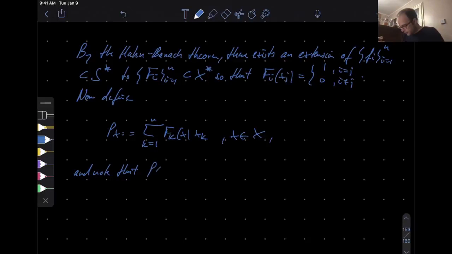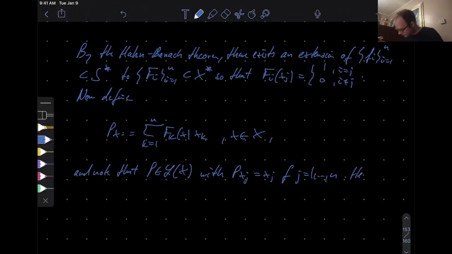Note that P is a bounded linear operator with P evaluated on those basis elements, the way the capital F's are constructed: if you substitute x with xj, then in the sum you have an Fk acting on an xj, and that's most of the time 0, only once it gives you the 1. So P of xj is indeed equal to xj for j from 1 to n.